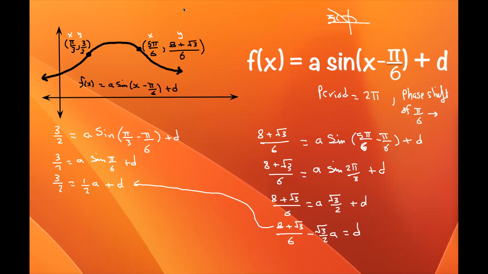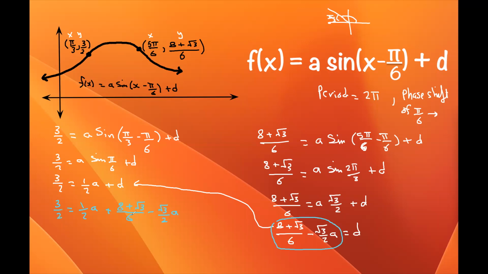Now we're gonna take this and substitute it for the D right here. Maybe I'll just change colors so you know that I moved to another step. So we have 3/2 equals 1/2 A plus 8 plus √3/6 minus √3/2 A. So I took this here and substituted it for the D right here.